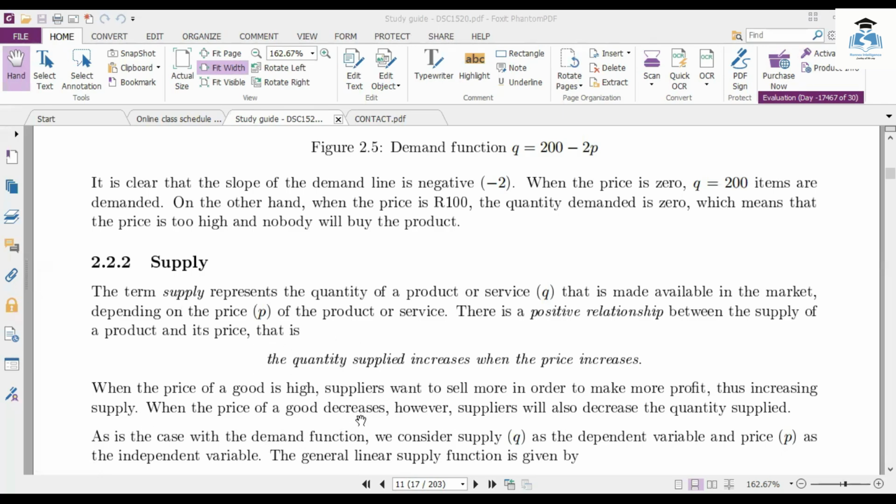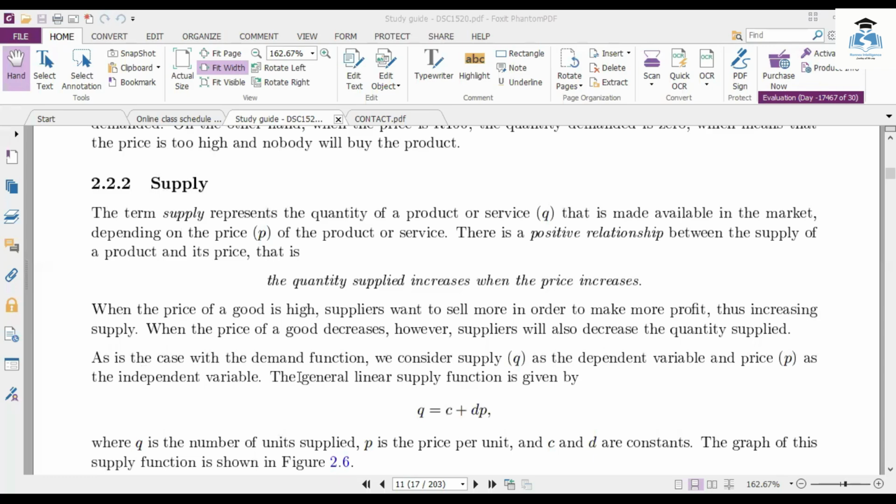When the price of a good decreases, however, suppliers will also decrease the quantity supplied. As in the case with the demand function, we consider supply Q as the dependent variable and the price P as the independent variable. So this will be the general equation for the supply.